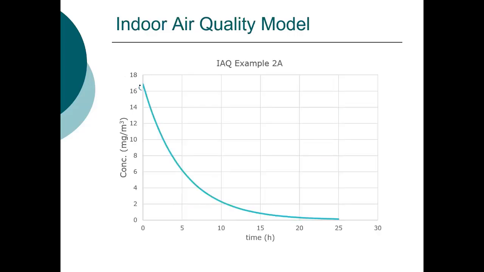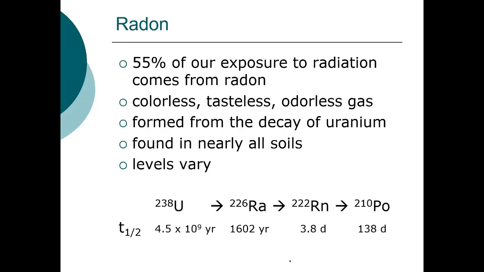So you can see we started out at 16.85, and we're at 2.28 after 10 hours. And you can see even after 20 hours, we have measurable carbon monoxide under this scenario. Questions about this problem?